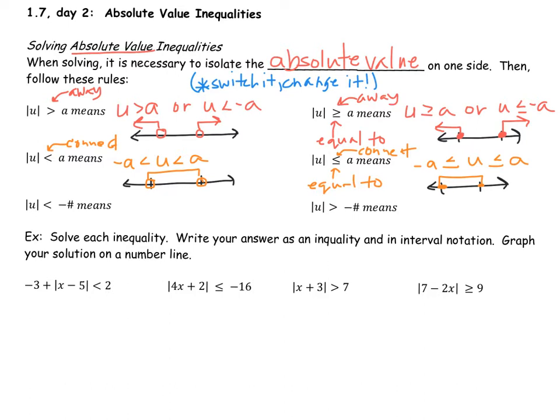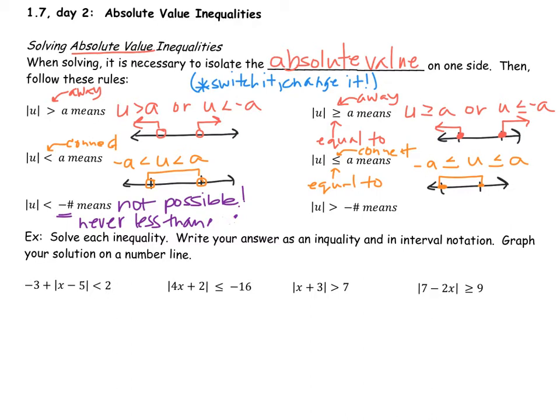The last two are kind of unique situations for this. If you have an absolute value, but it's less than a negative number, like absolute value is less than negative 5, this is automatically no solution or not possible. An absolute value is never less than a negative number because absolute value is positive.